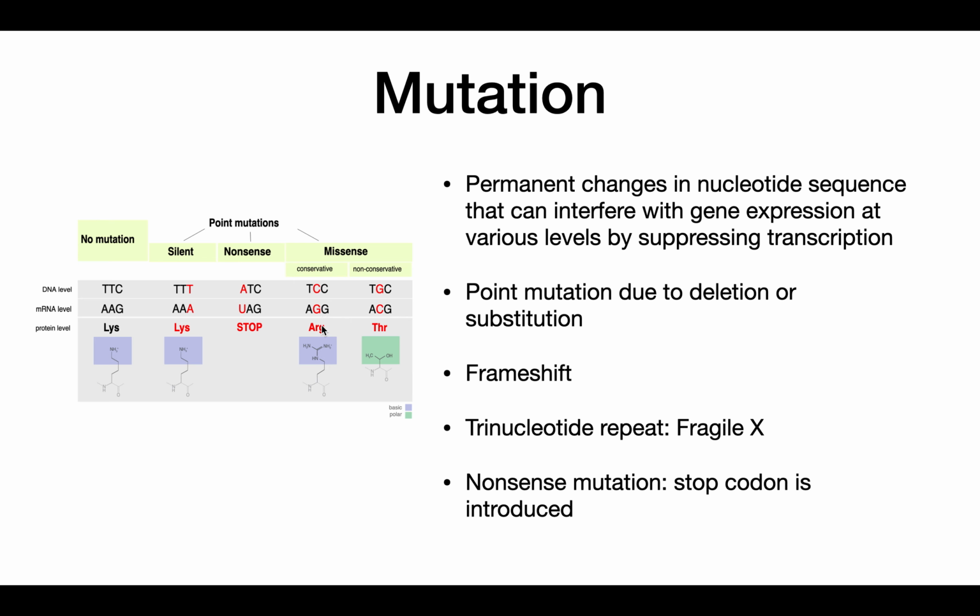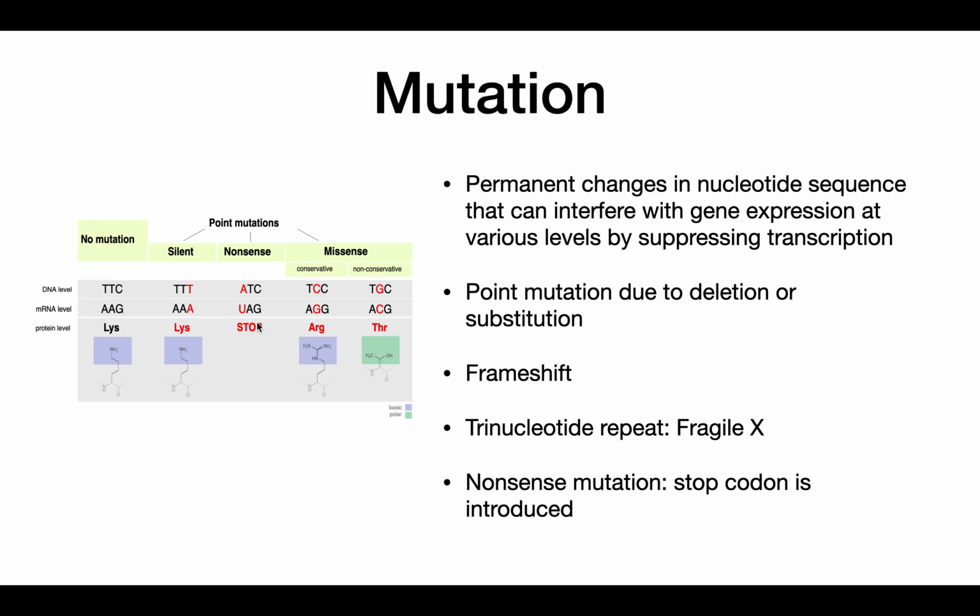It's conservative if you lose just one and it is replaced by the same type, like if a purine is replaced by another purine. That's conservative. Non-conservative is if the purine is replaced with a pyrimidine, or it could be silent, where it's the same, like the reciprocal base.